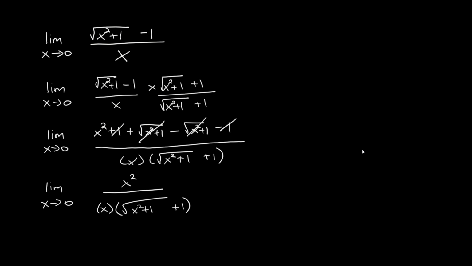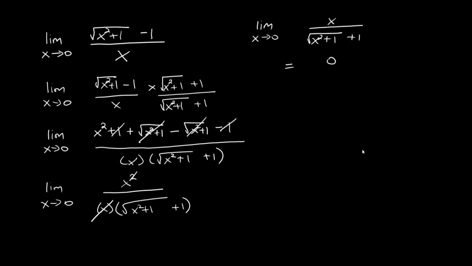Now we can go ahead and cancel the x in the denominator with one over x up here. And so we would lose our 2. And this then becomes the limit as x approaches 0 of x divided by the root of x squared plus 1 plus 1. We can go ahead and do a direct substitution.